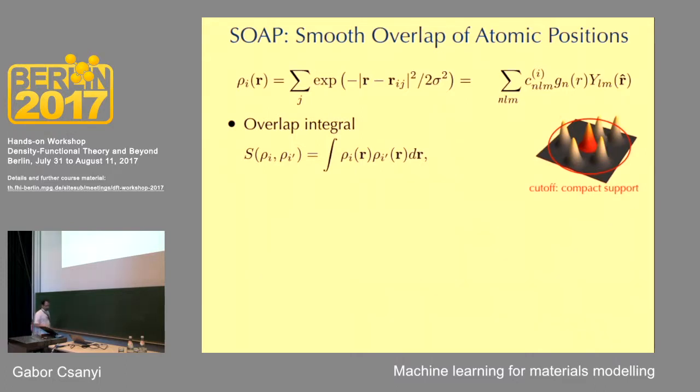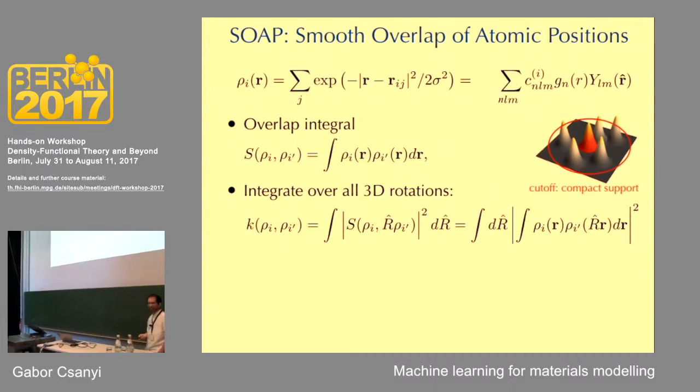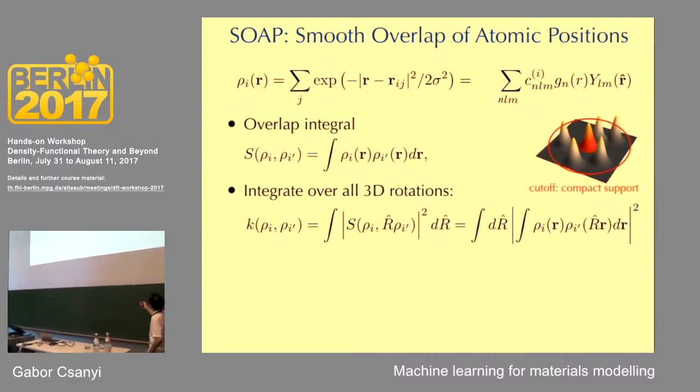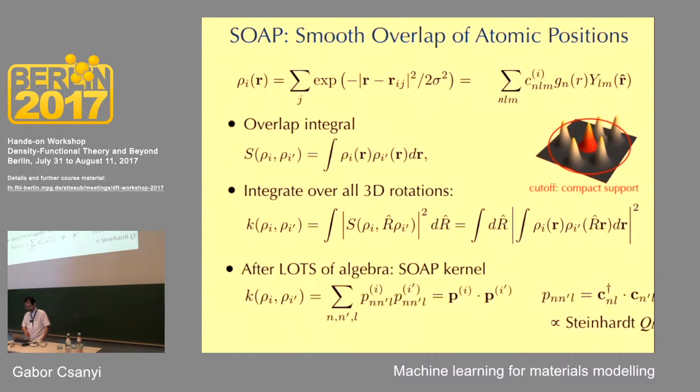But that is not rotationally invariant, although it is permutationally invariant. But it turns out that if you square that and integrate it over all rotations of one of the environments, that's a rotationally invariant kernel. So the full formula is this: integrate the densities, square it, and then integrate around all rotations. That would be very expensive if you had to do it explicitly, but we don't.